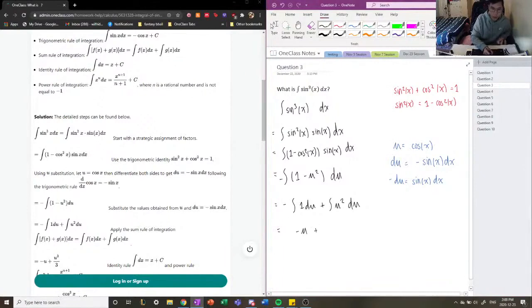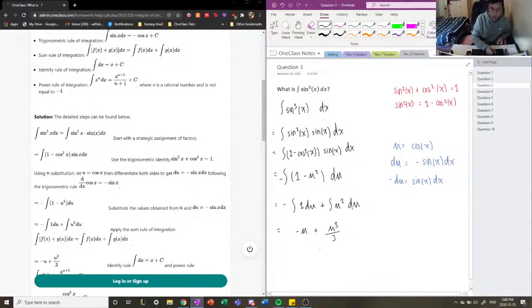For the other term, we use the power rule, which states that the integral of a power function is the variable with the exponent plus 1, divided by the exponent plus 1. So it's u squared plus 1, u cubed, divided by 2 plus 1, which is 3.